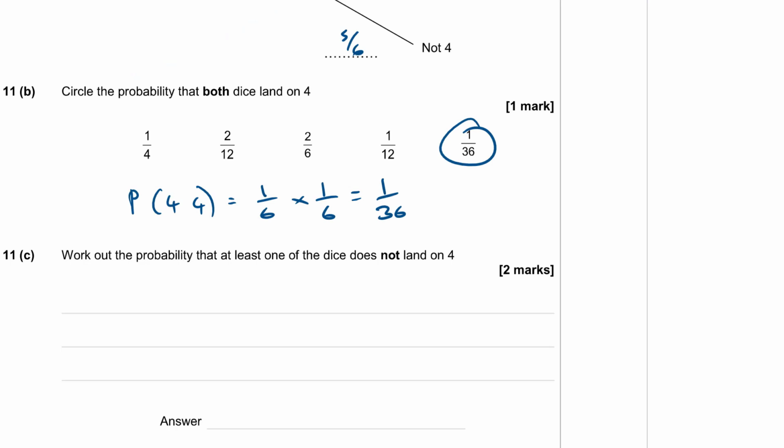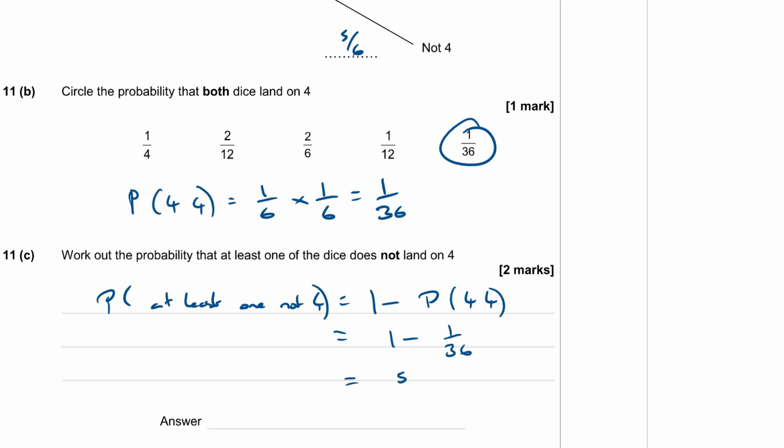Part C asks us to work out the probability that at least one of the dice does not land on 4. Now the probability of at least one not 4, that's basically 1 minus the probability of them both being 4s, which is 1 minus 1 over 36, which is 35 over 36.